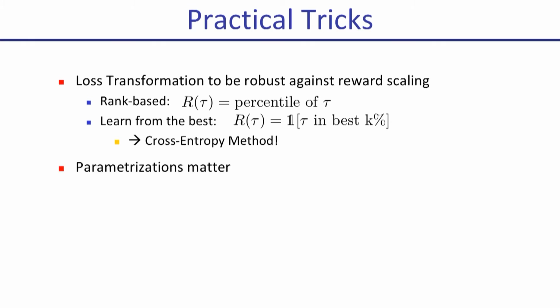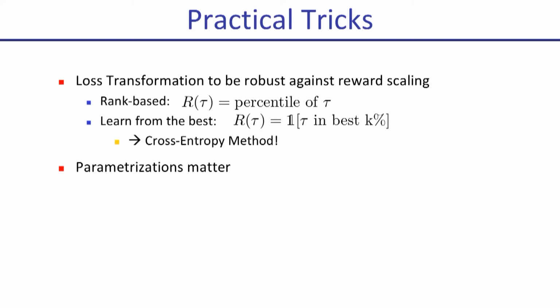The second important part is that because we are doing exploration in parameter space, the parameterization matters a lot. This is what it means. Imagine you're sampling a bunch of Gaussian noise in the parameter space. If all the samples that you get result in exactly the same policy, then you basically have no learning signal, because all of the points would have exactly the same return.